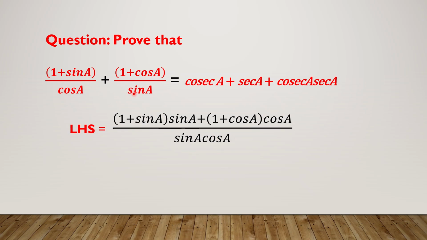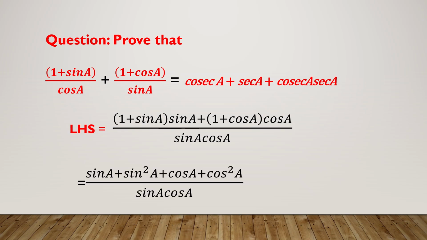Once you take the LCM, then you have to multiply sin A by the first numerator and cos A to the second numerator, and you get (1 plus sin A) into sin A plus (1 plus cos A) into cos A. Then open the brackets.